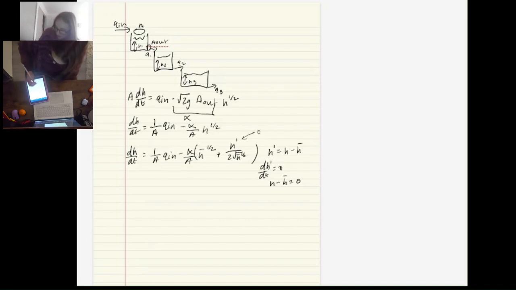So let's do that. We have 0 equals 1/A Qn minus alpha over A, and then we have h bar.